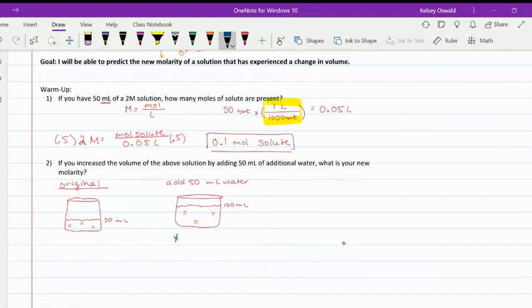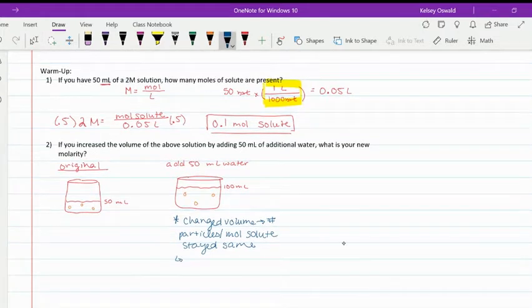When we added water, or when we changed our volume, our number of particles, or moles of solute, stayed the same. The only difference now is that we have a larger volume. Those particles are just now more spread out.